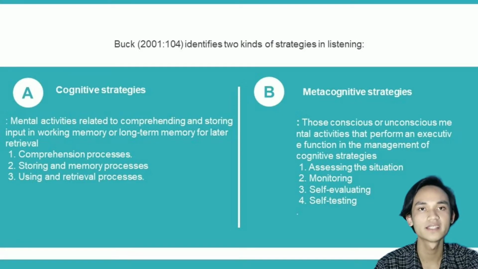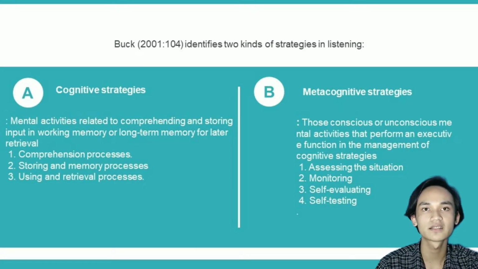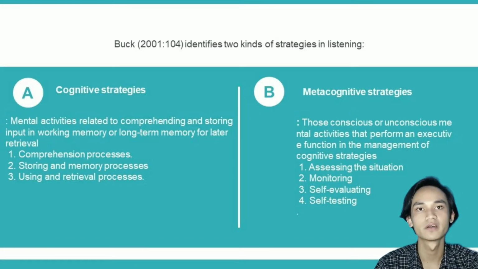The fourth is self-testing. Self-testing is testing oneself to determine the effectiveness of one's own language use or the lack thereof. So that's all from me. The presentation will be continued by my friends. Thanks.